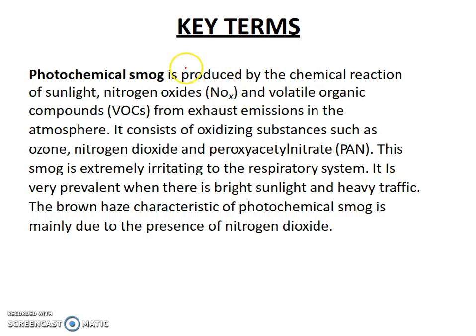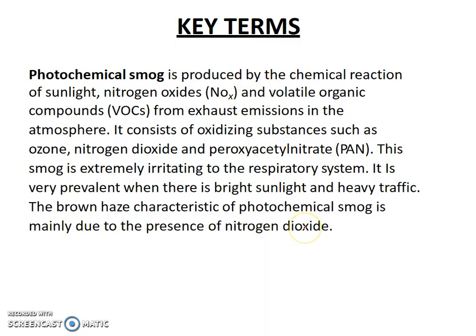Photochemical smog. Smog comes from a combination of the words fog and smoke. But it's important to note that in the presence of smog, you have photochemical reactions going on, and that would include reactions with nitrogen oxides and VOCs, which come from exhaust emissions.